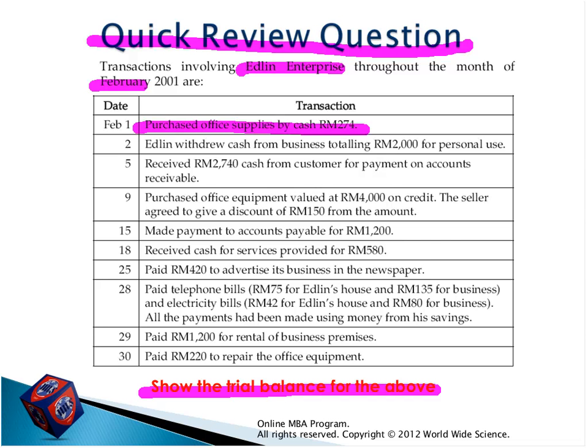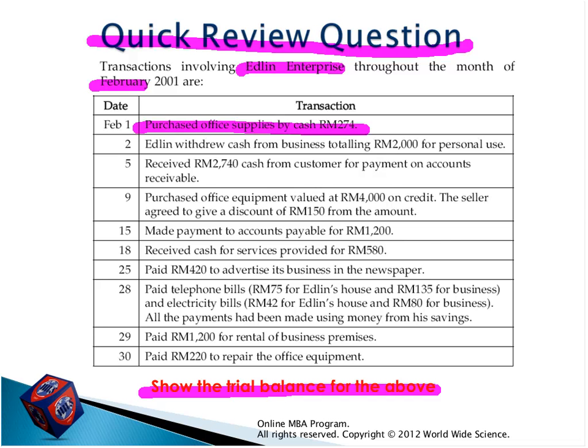Another way: purchase office supplies means we bought some office equipment like tables and chairs. There has been an increase in our company, in our offices. As well, it's our asset, and if it's increased, we show it on the debit side, right?